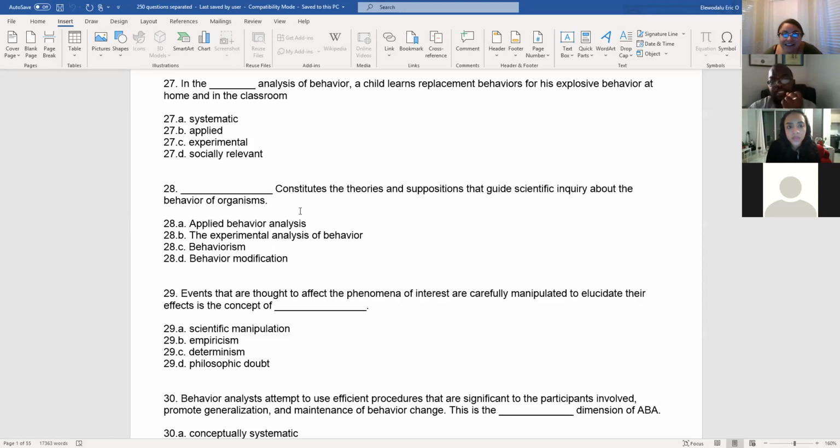Yes, because it's socially significant behavior. Replacement behavior for his explosive behavior at home. And so I think it's applied. Yeah, number 27, applied.